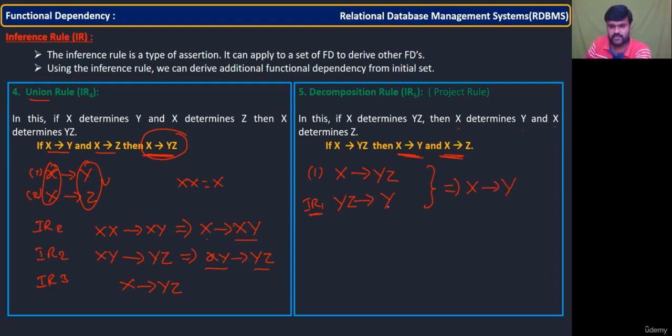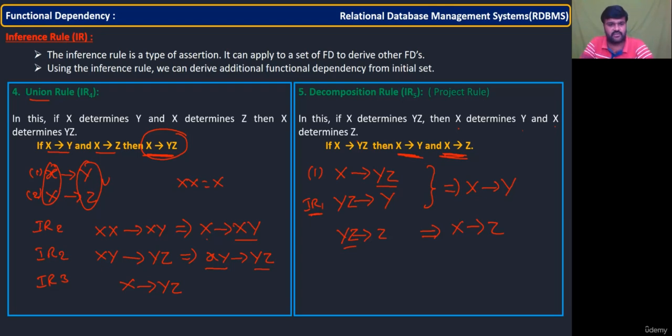In the same way, this time you take Z: YZ determines Z. Then from this, X determines Z also, transitively, if you consider this part and this part. So in that way, you are able to derive both.